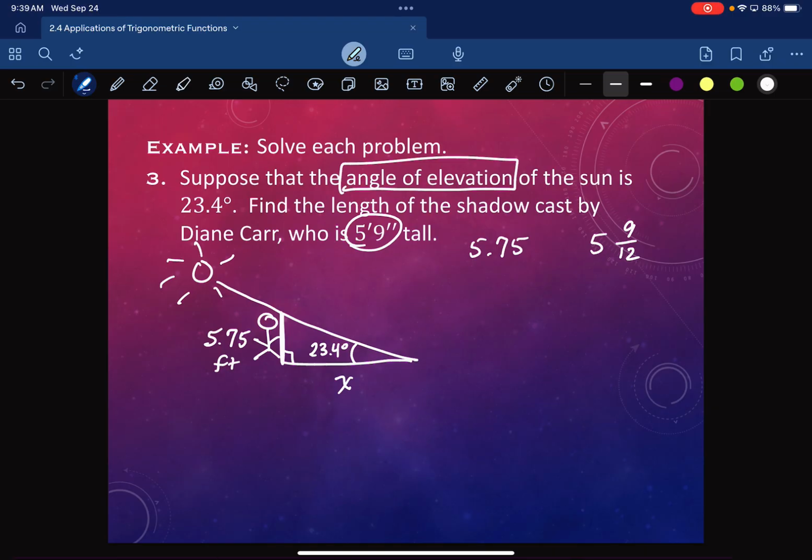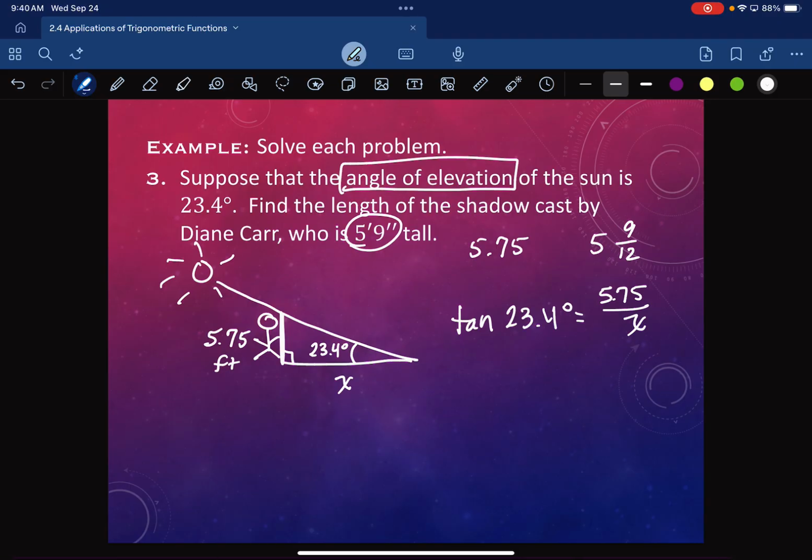So the 3 quantities: the 90 degrees aside, the 2 that I'm given, and then the one that I'm trying to find, what trig ratio is going to relate these 3 pieces together? Tangent. So this is the tangent of the 23.4 degrees. What's it going to equal? 5.75 over x.